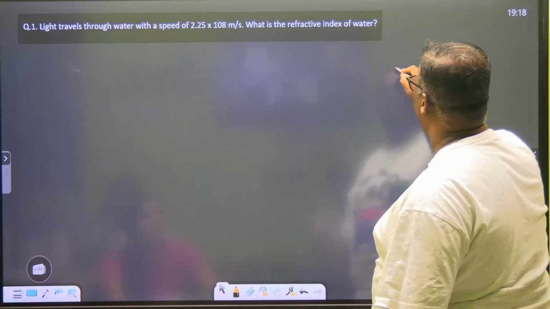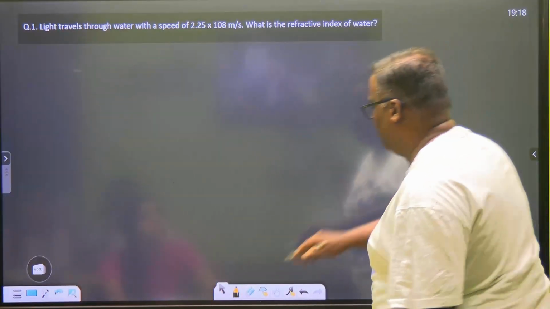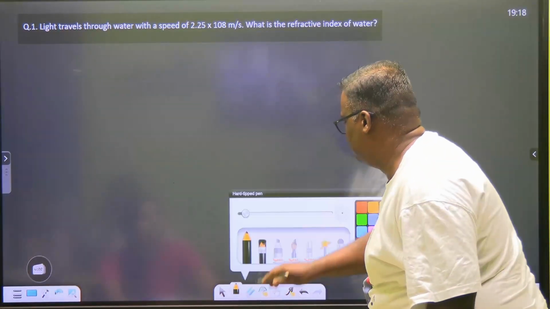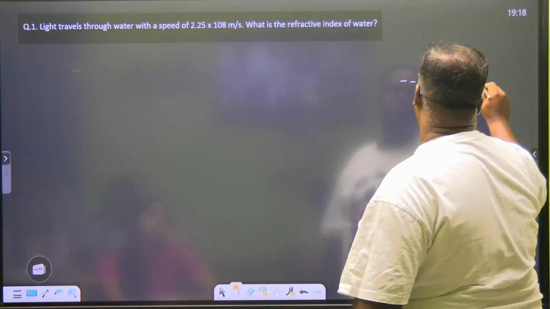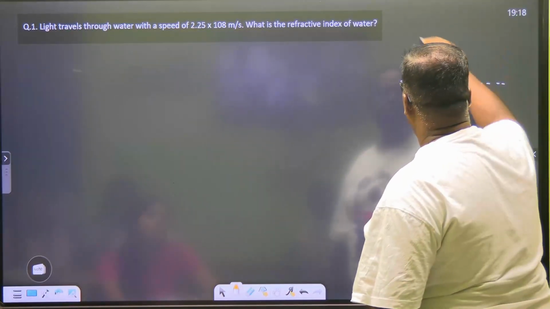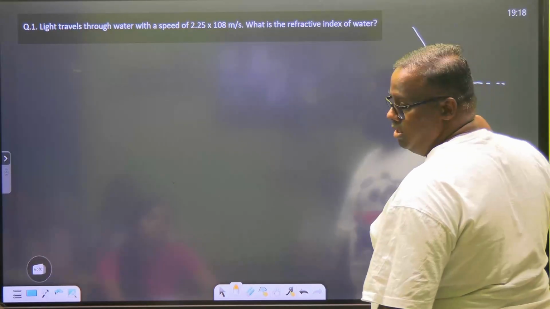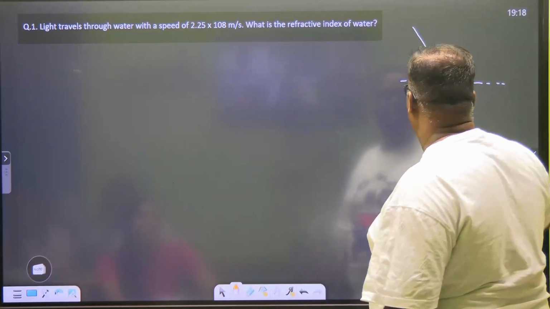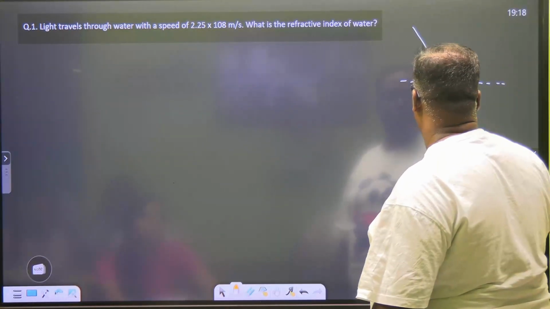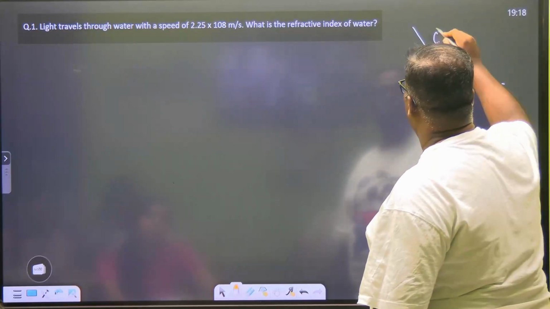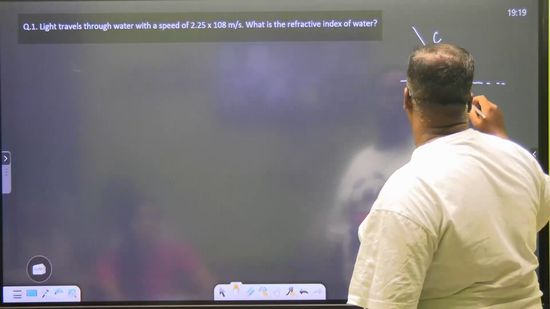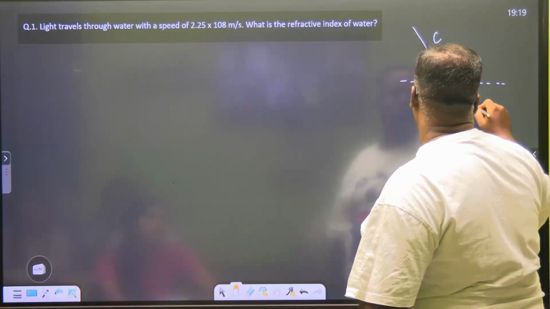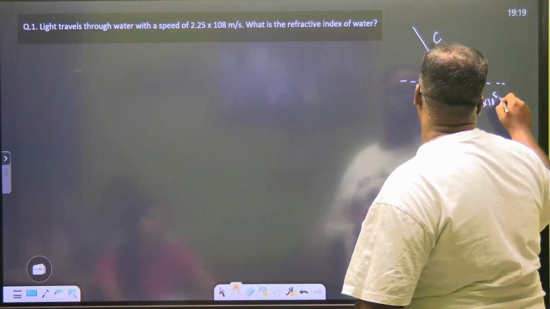Let me just try and see whether I have understood what the problem is telling me. The problem is telling me that there is water, right? And light is traveling through water. So light must be coming from air. In air the speed is c, and in water the speed is 2.25 into 10 to the power 8 meters per second.